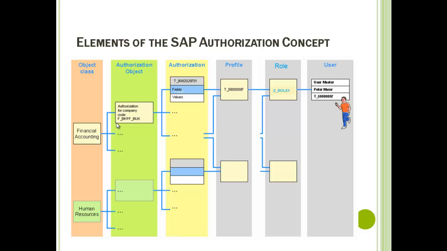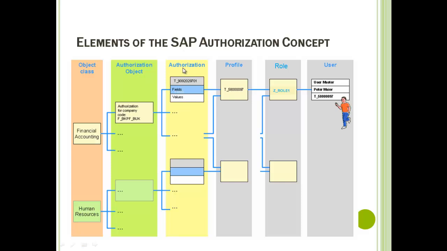The transaction code will be under authorization object S_TCODE, and then you will have a transaction code under this object. So everything in the authorization or in the roles is categorized, checked or defined by authorization object.